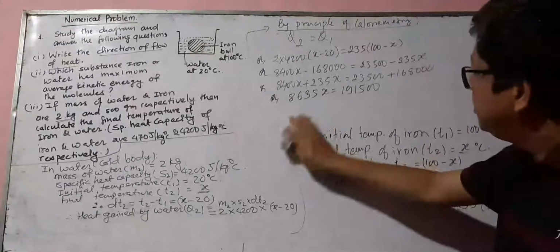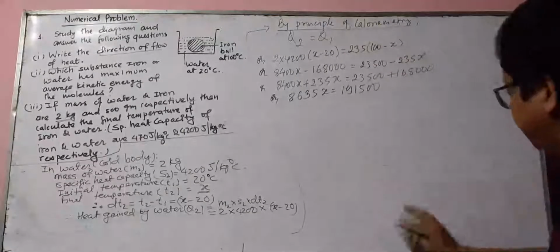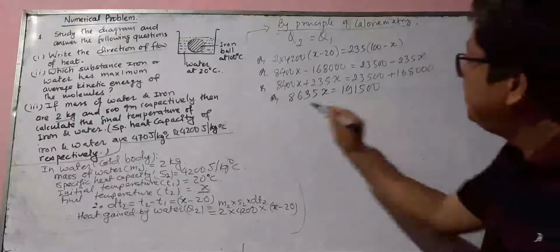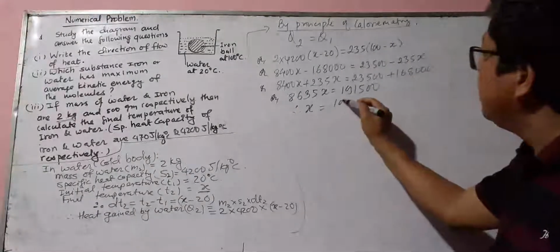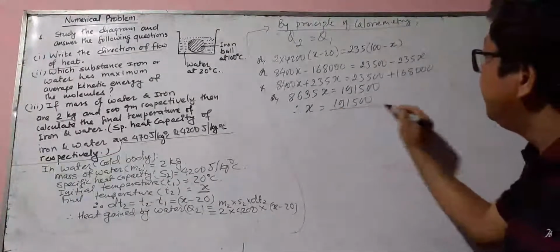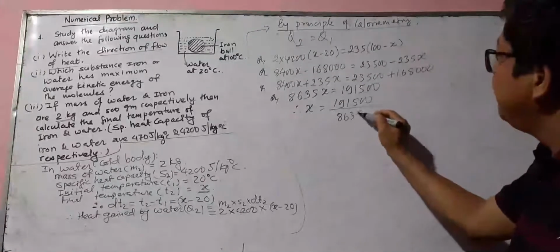On simplifying this, the value of X is 191,500 divided by 8635.